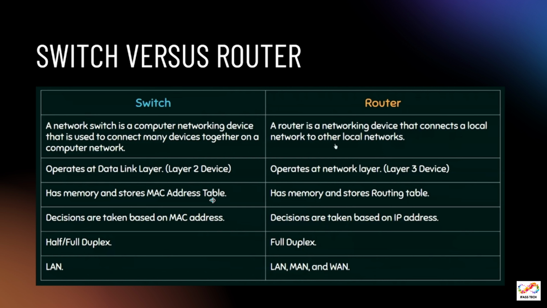A switch stores a MAC address table. A router stores a routing table. A switch forwards based on MAC address. Routers forward based on IP addresses. So today we learned what a router is, why it is needed, how it connects different networks, and how it is different from a switch.